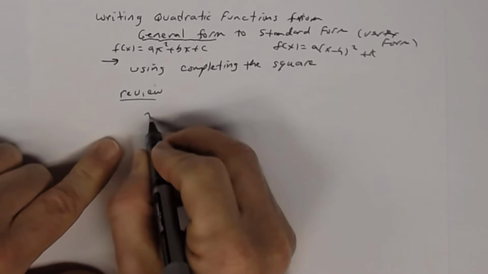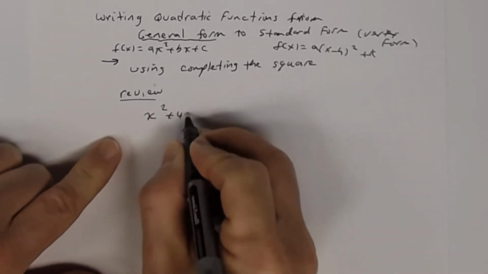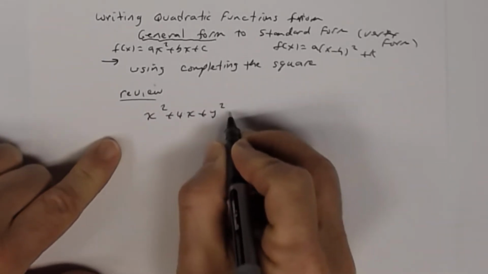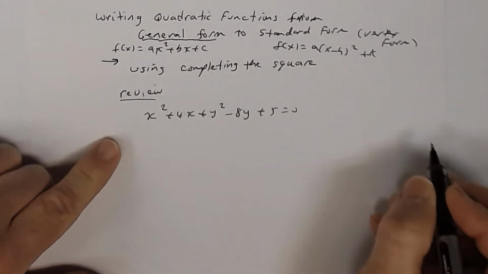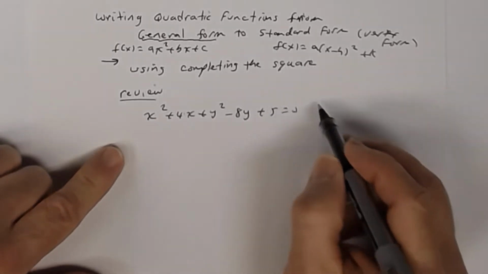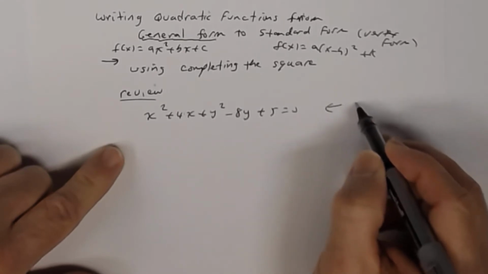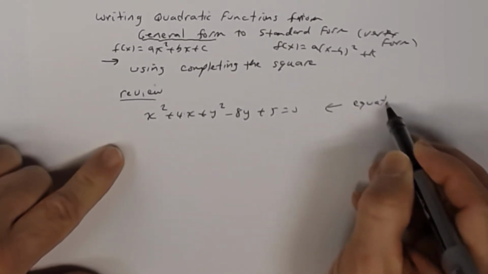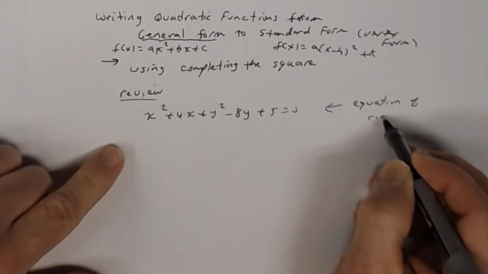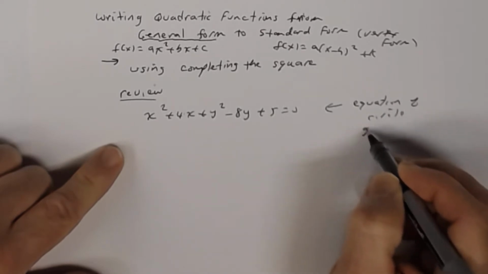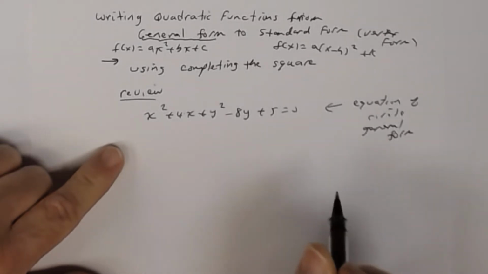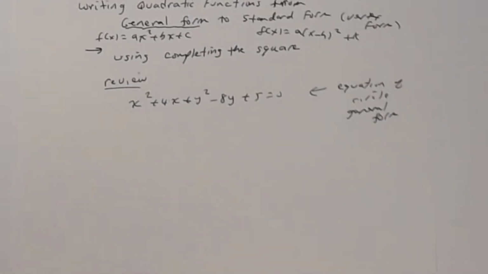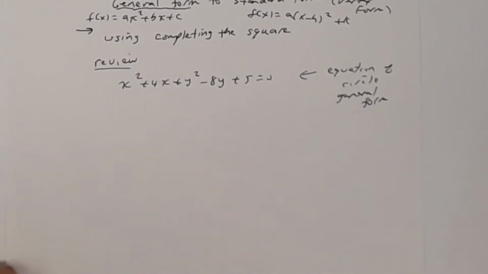Let's suppose we had x squared plus 4x plus y squared minus 8y plus 5 equals 0. This is the equation of a circle in general form, and what we want to do is write it in standard form.